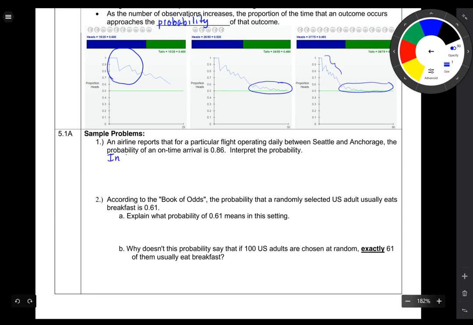In the long run, when I say in the long run, that's like after hundreds of flights.